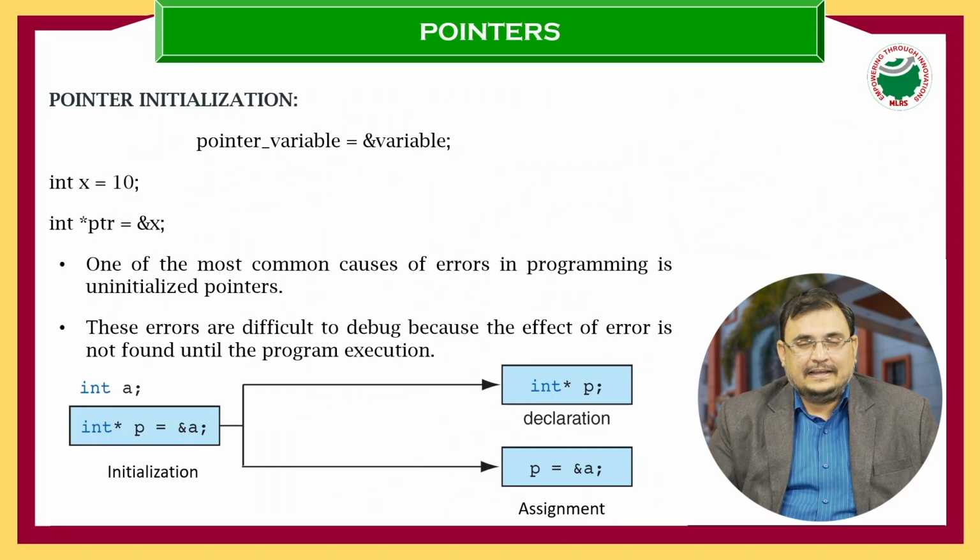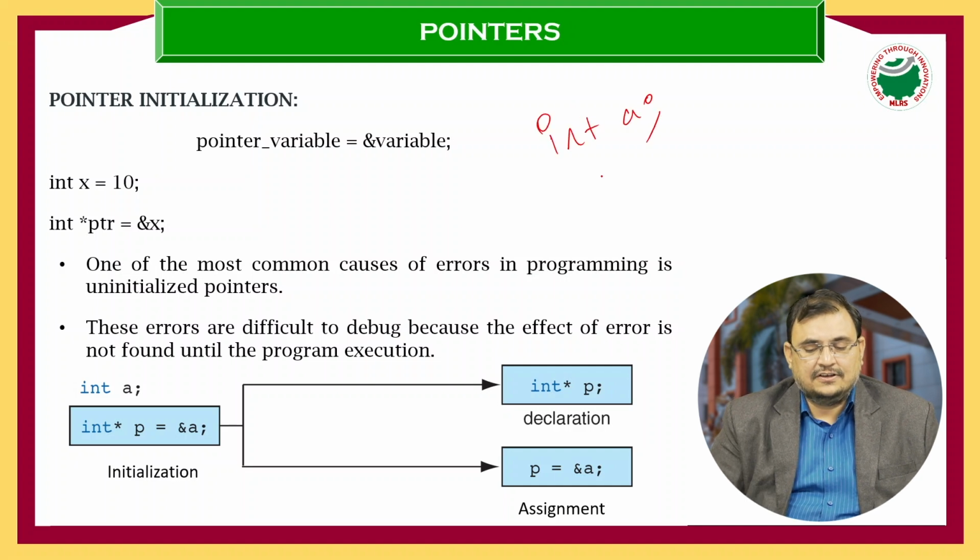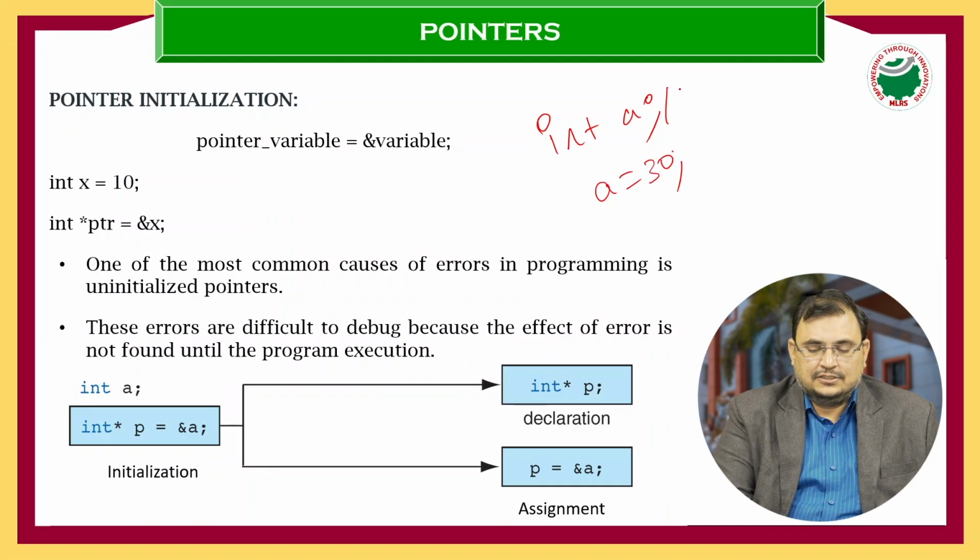So now, pointer initialization. Like variable initialization, we can also initialize pointers. For example, if you have a variable int a, this is called declaration of a variable. Next, you can also assign a value to the variable, a = 30.